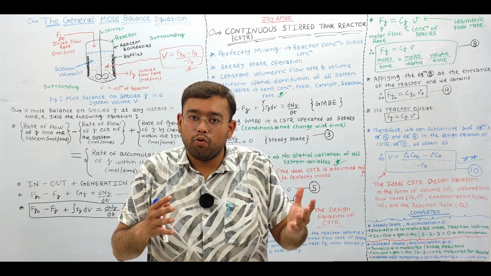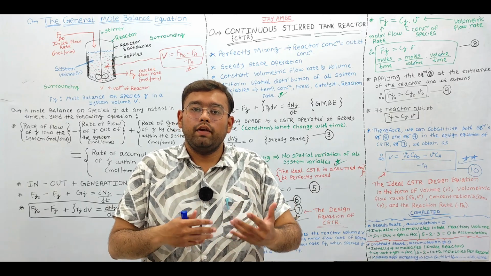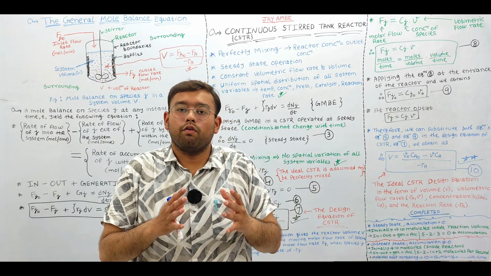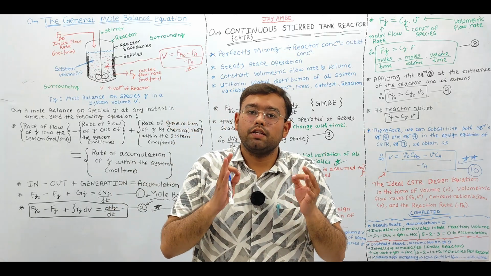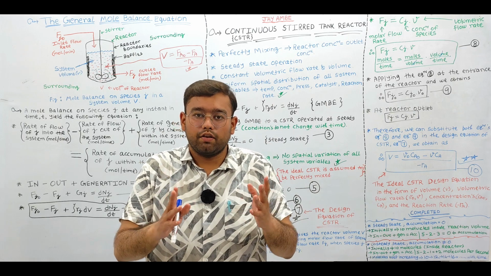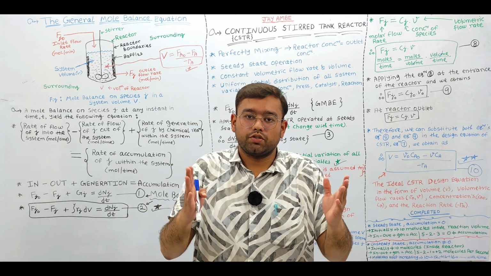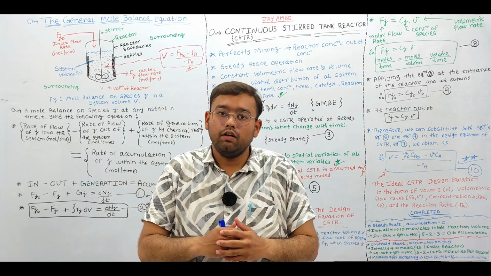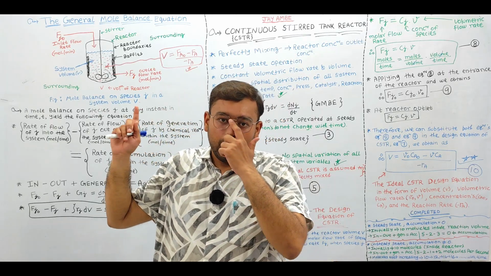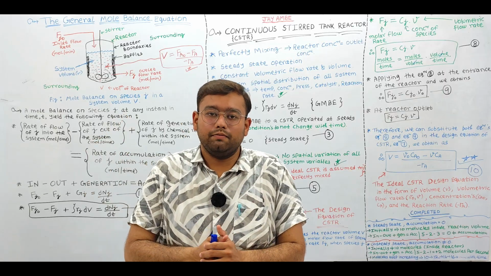With continuous flow, we can scale up the manufacturing of the desired product by utilizing the continuously stirred tank reactor. I hope you understood how we derived the design equation of the continuously stirred tank reactor by utilizing the concept of the general mole balance equation.